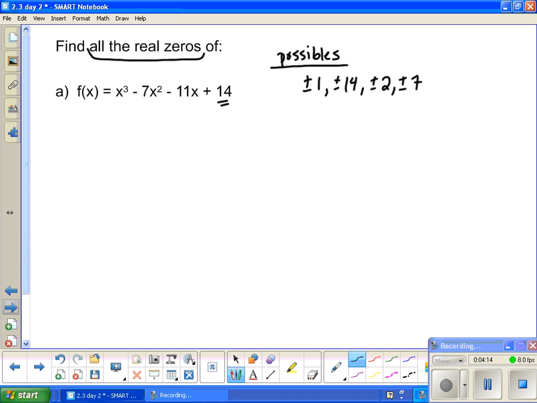Now I could write that all over plus or minus 1, but that would still give me that exact same list. So I find the possibles, then I'm going to use synthetic division to guess and check.